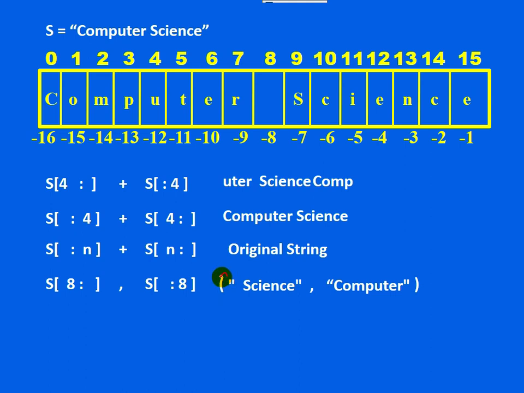Don't bother about this. I will explain tuple in detail later. So this is string slicing. The slicing operator is this, and what string slicing does is that a substring is extracted from a complete string. That is what slicing is.